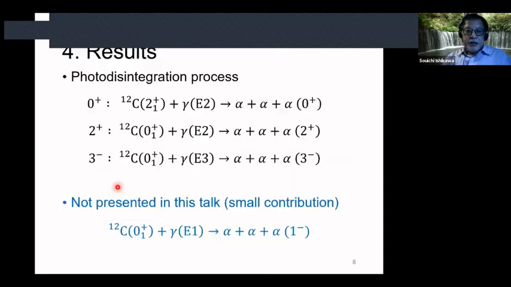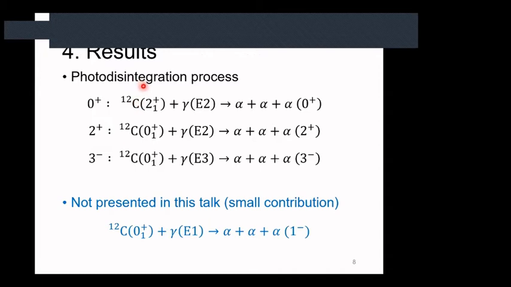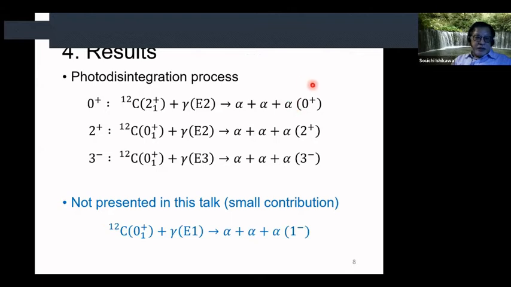Okay, so in the end I show some results for the photodisintegration process. First, the 2 plus excited state of carbon to the 0 plus state, which includes the Hoyle state. The second one is the ground state to the 2 plus state by an E2 photon.